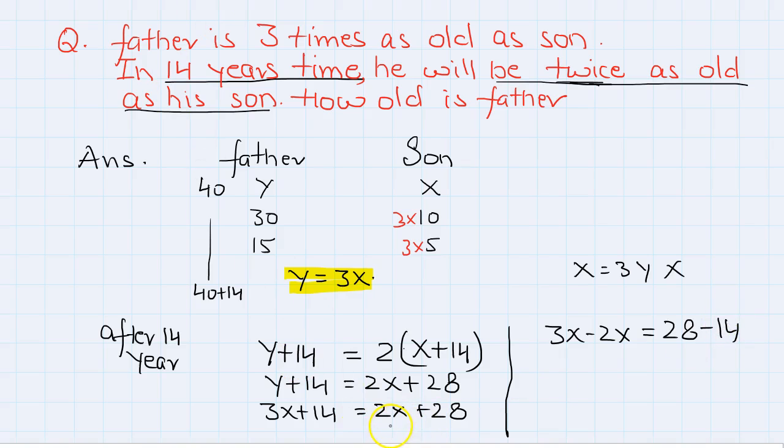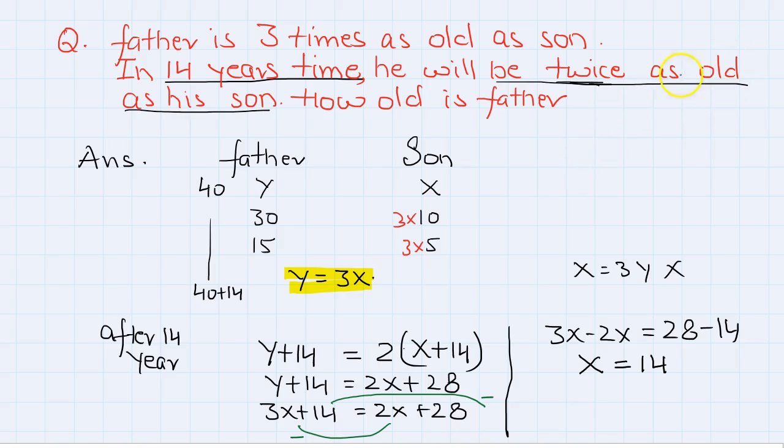We have changed the side of 2x, so it will become negative. We have put 14 this side, it will become negative. That's why these two are negatives. So 3x minus 2x is x, which is equal to 28 minus 14, that is 14.